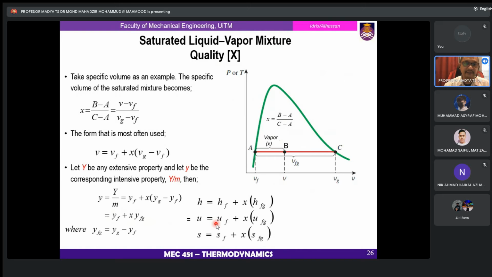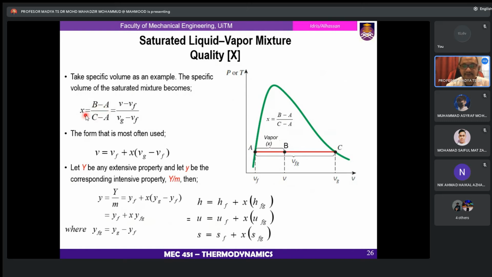The specific volume of the saturated mixture becomes B minus A. If this is the concept of state A here, B here, and C here, then the X value of vapor is here between A and B. At state A, we know this is Vf. V is the specific volume that we want to find. Vg is the specific volume at the saturated vapor line.